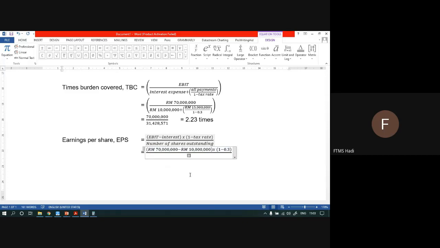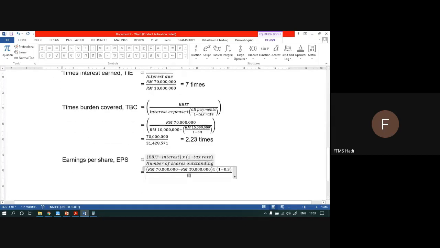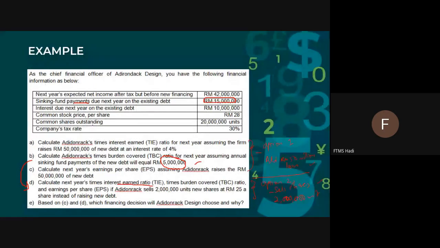For number of shares outstanding, you can have a look at the earlier question, the common shares outstanding here. But do not forget, you have another new shares here, 2 million. So 20 million plus 2 million, you need to add up.